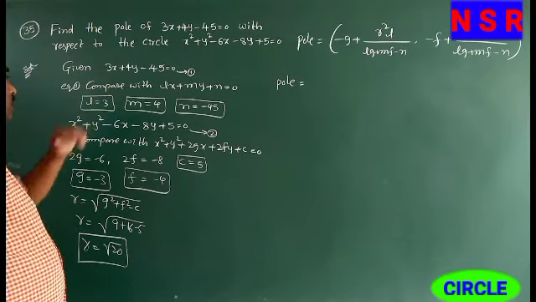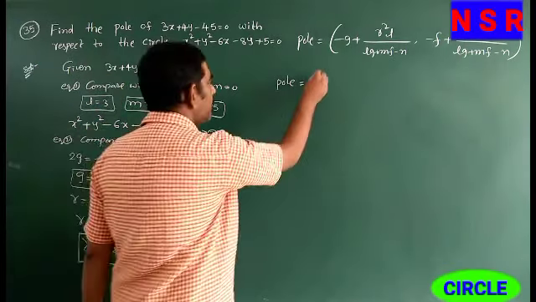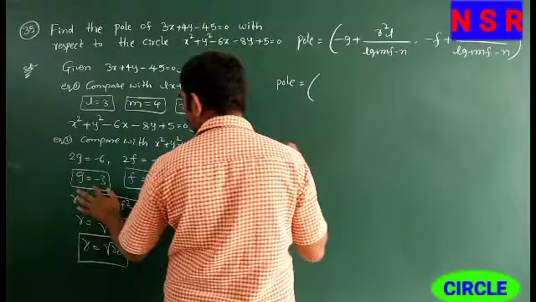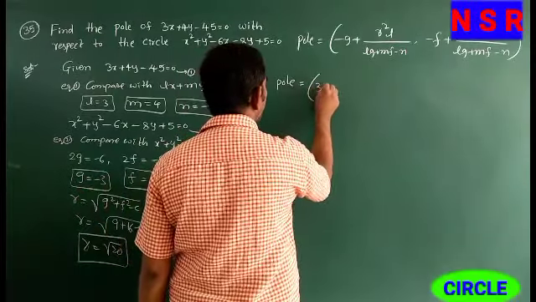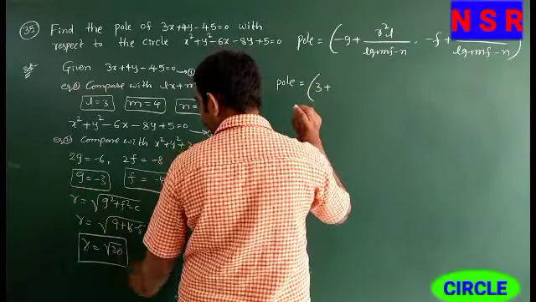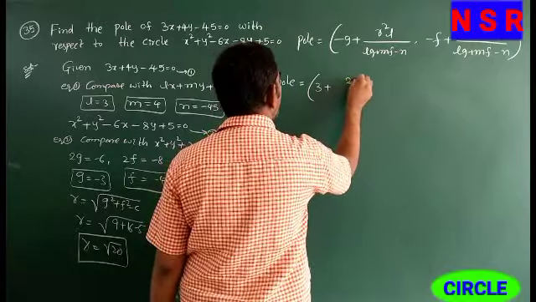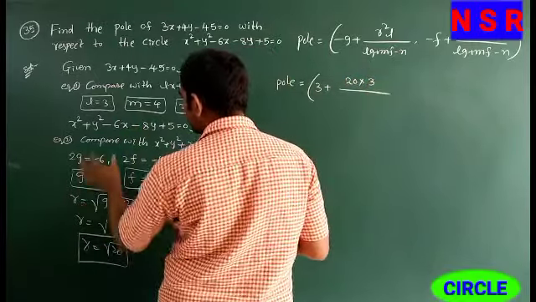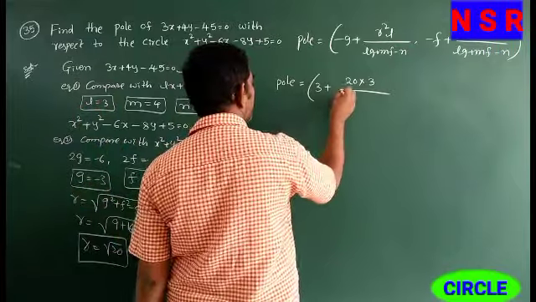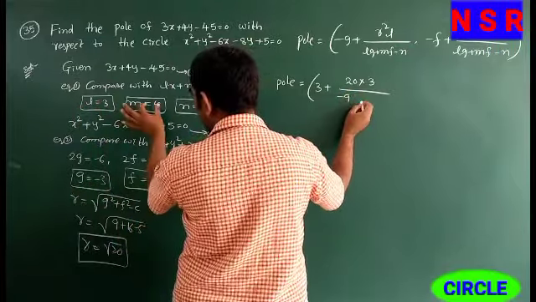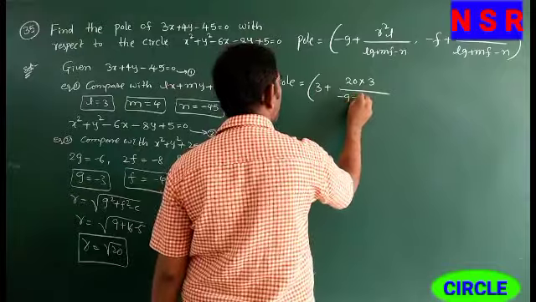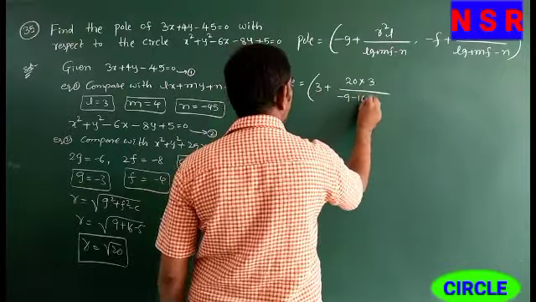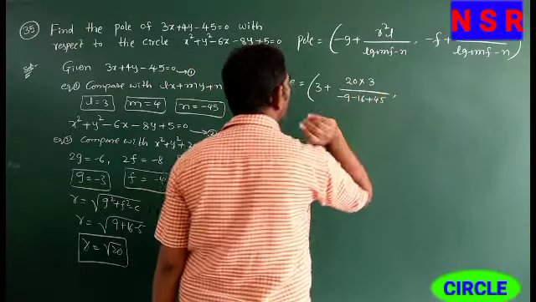Now substitute all values here. Minus g, so already g value -3, minus of -3 is +3, r value root 20, r square means 20 into L 3 by L into g, 3 into -3, -9. Next m into f, 4 into -4, -16, minus n, minus of -45 is +45.